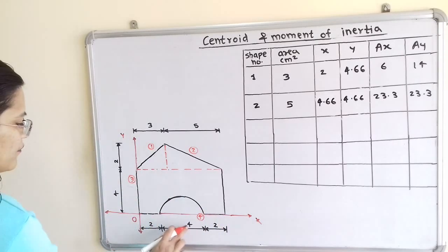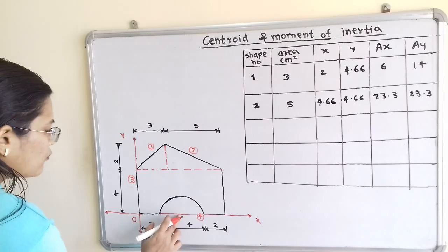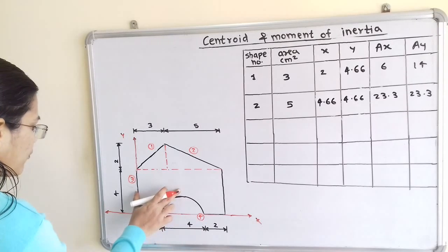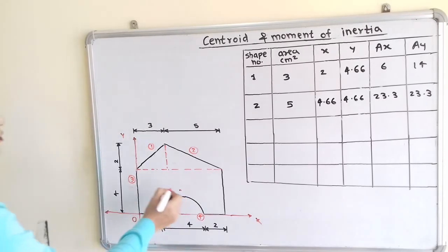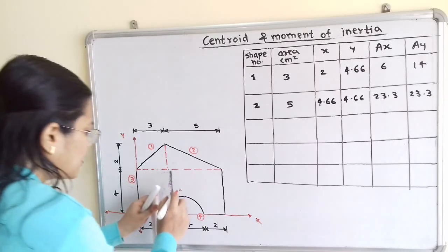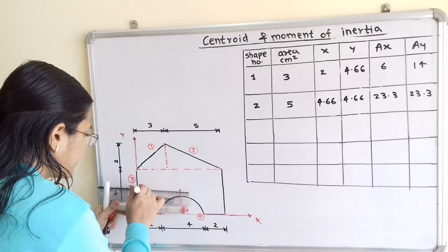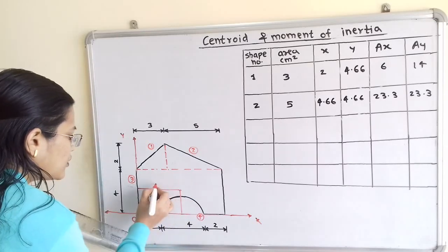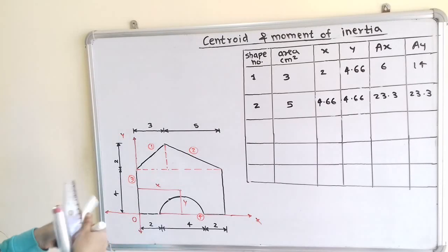The base is equal to 4 plus 2 plus 2, that is equal to 8. We have to select the center point, and for this 4 also we have to select the center point. Next we have to draw two perpendicular lines, one on the x-axis and the second on the y-axis. This horizontal distance is known as x and this vertical distance is known as y.